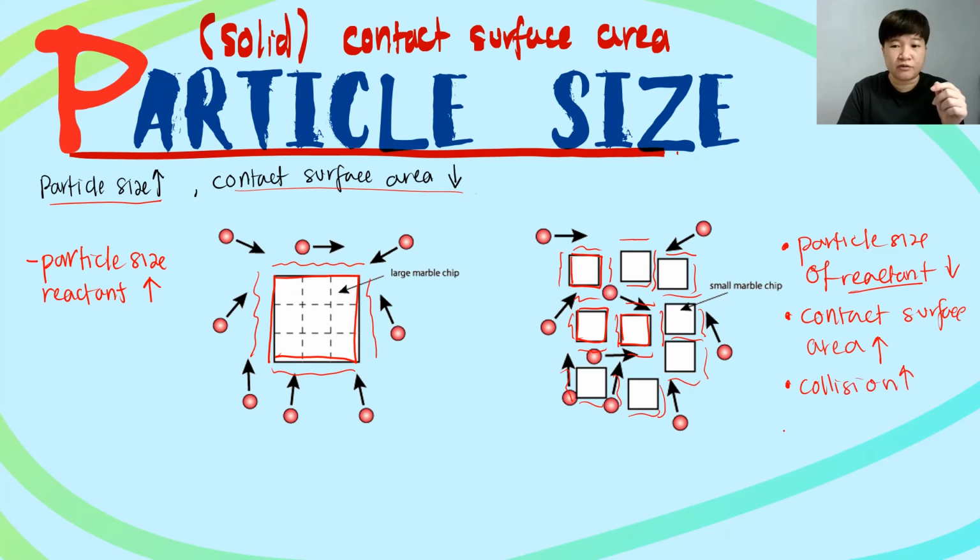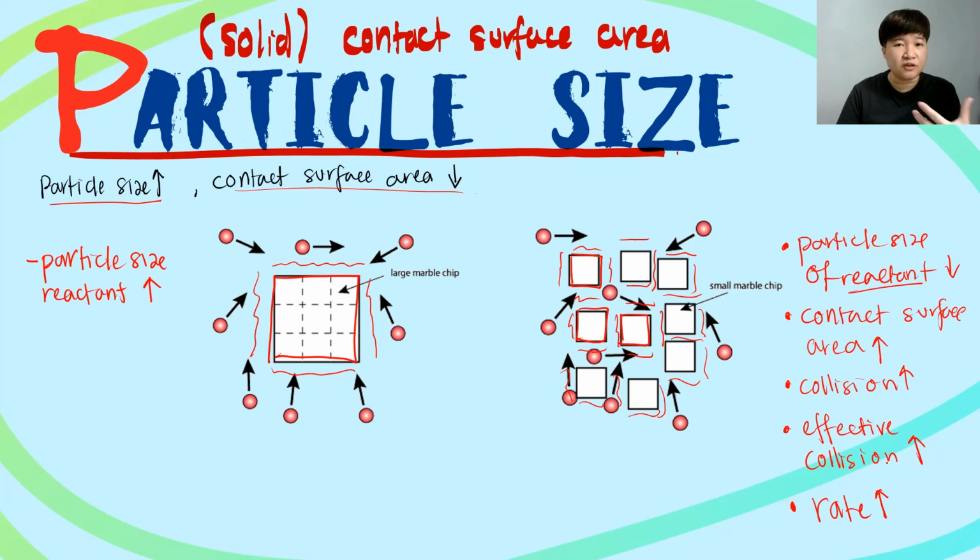When the collision increases, we still come back to the effective collision. Effective collision means the collision that can change your reactant to product. So when your collision increases, automatically your effective collision increases. As a result, more reactant can change into product and the rate of reaction increases. Can you see the relationship over here?